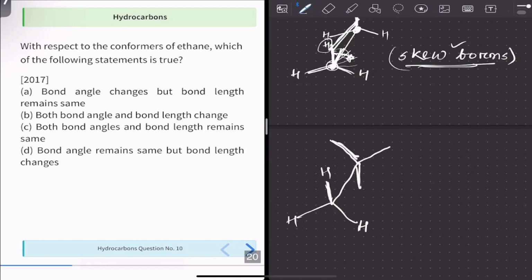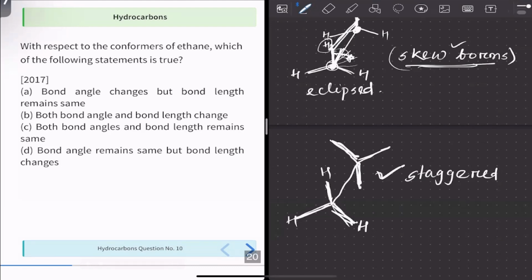Like these two bonds have 180-degree orientation, these two bonds have 180-degree orientation, and these two bonds have 180-degree orientation. So this form is called staggered, and this overlapping form is called eclipsed. These are the conformers.